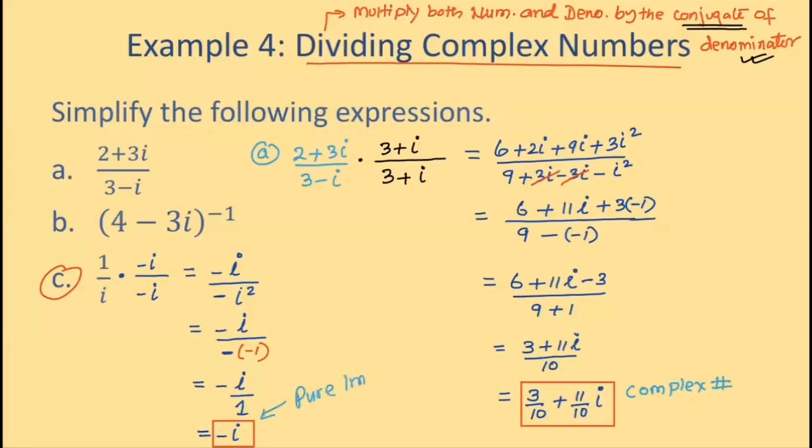But remember, a pure imaginary number is also a complex number. That means any number involving i is a complex number. But if the real part is missing, if the number without i is missing, then it is a pure imaginary number. In a complex number, you have both real and imaginary parts.